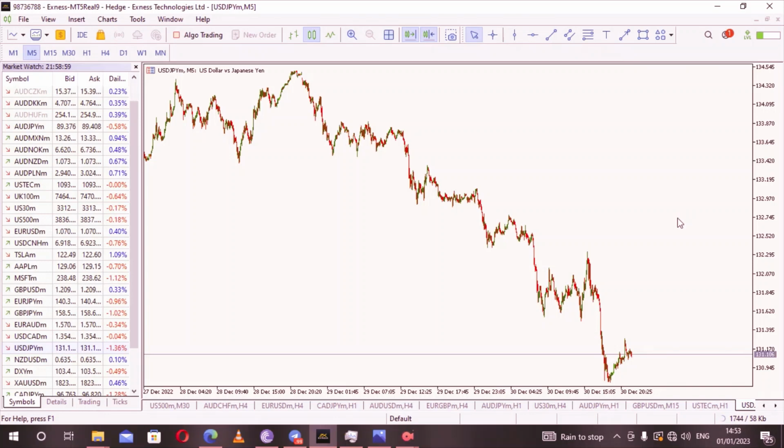I usually start analyzing the market from a bigger time frame because I myself am a breakout trader. I trade breakouts. I trade with the trend that is existing at the time.